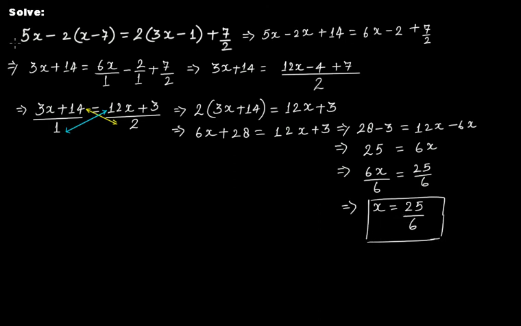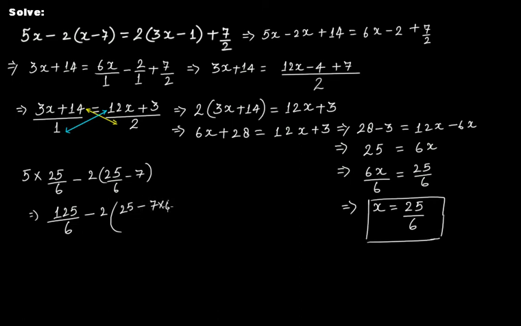If you want to cross check it, you can simply put here, this is 5x, so 5 times 25 by 6 minus 2, 25 by 6 minus 7, and if you solve it, you get 125 by 6 minus 2, and here you get 25 minus 7 times 6, and this is 6.